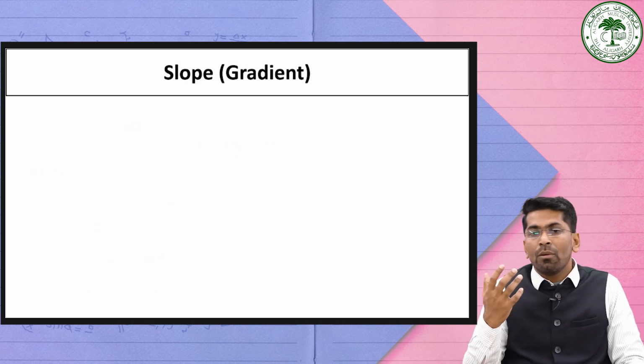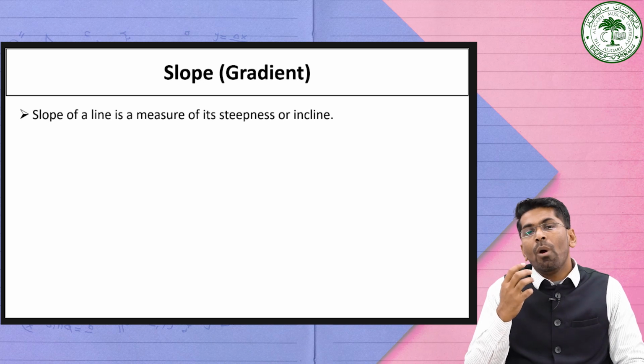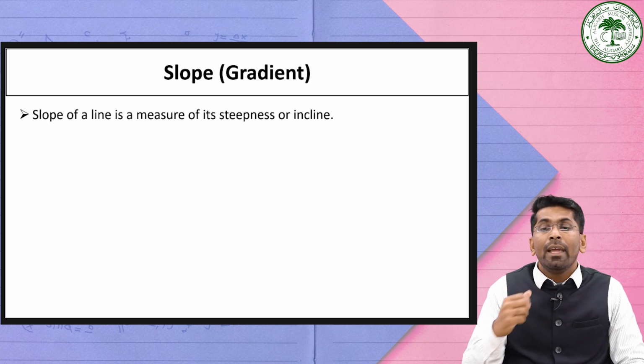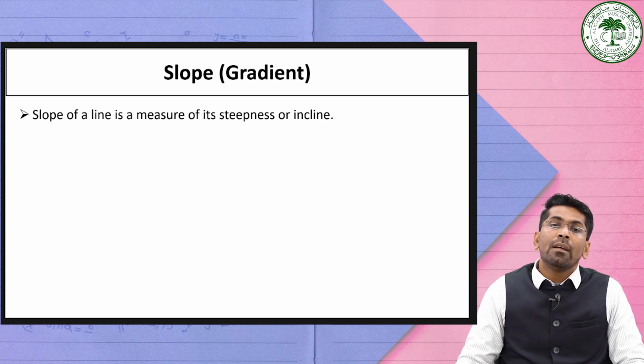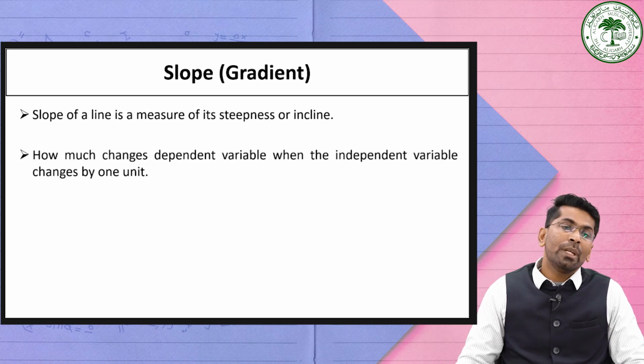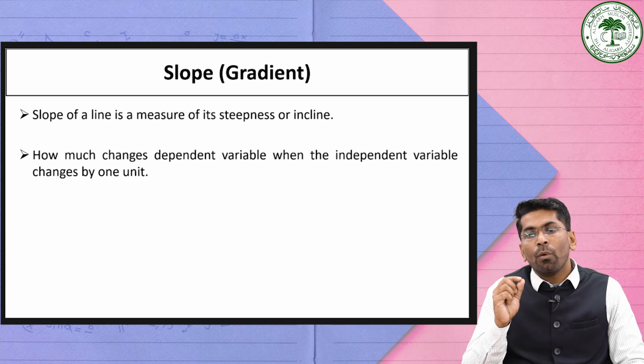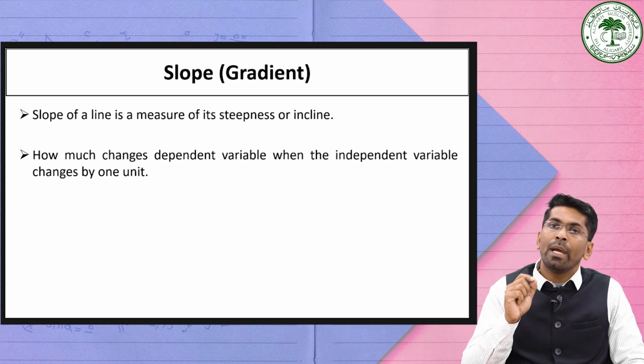Now see the slope. We are going to define the concept of slope. The slope of a line is a measure of its steepness or incline. In other words, the slope provides information about how the dependent variable changes when the independent variable changes by 1 unit.